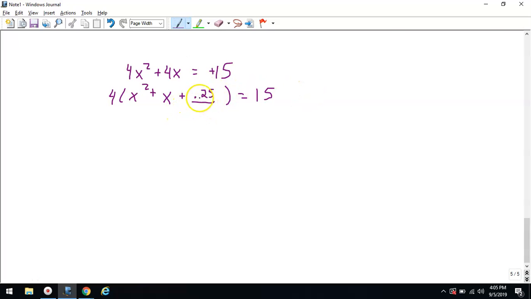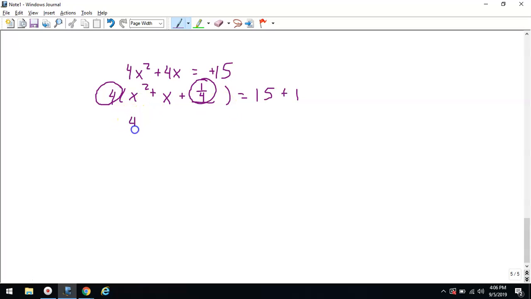But technically, you guys, maybe I'll write 0.25 as 1/4. I haven't just added 1/4. I've added 1/4 times 4, right? So I've added an entire 1 whole. So what I have to do to this side is add an entire whole.